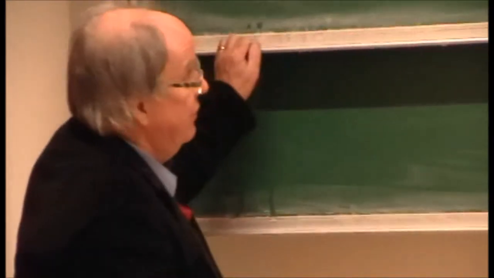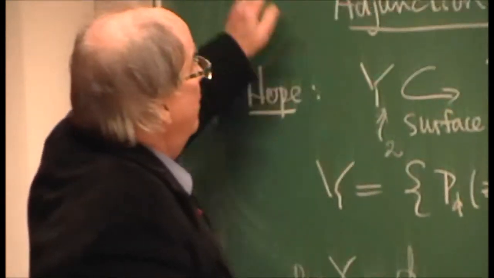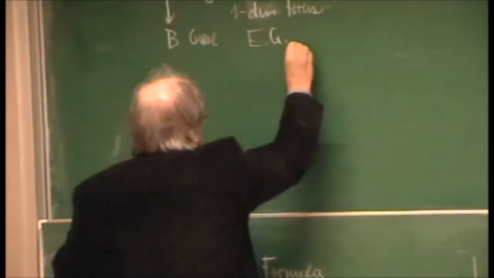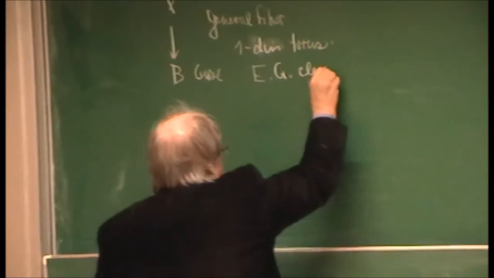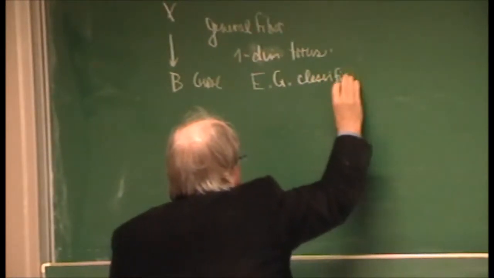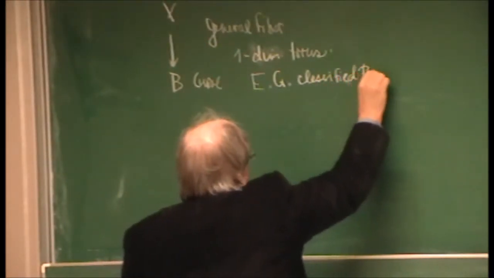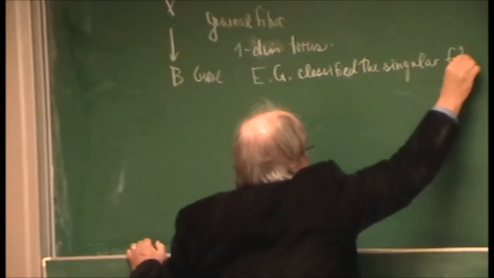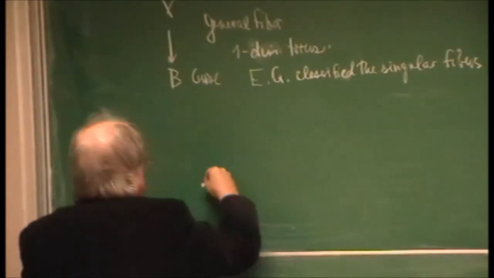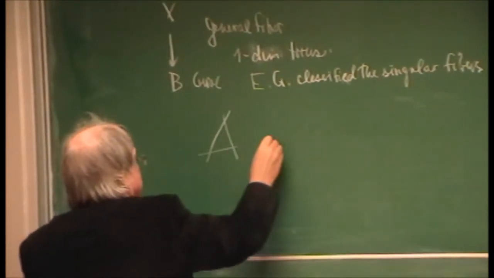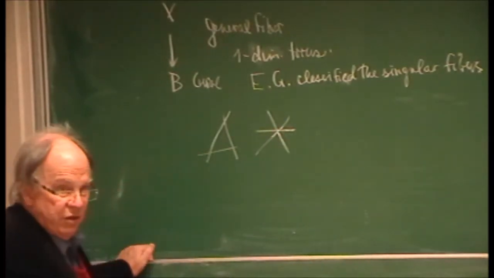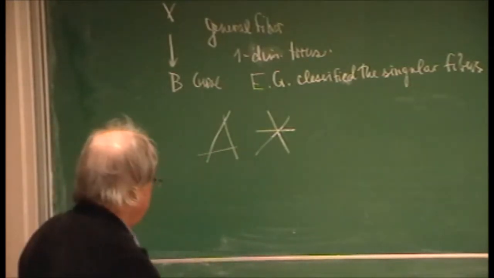The special fibers have been classified by Kodaira. I think this is one of the big hard pieces of work of Kodaira. What Kodaira did is he explicitly classified the singular fibers. There are many fibers, and maybe here they will degenerate to something like this, or maybe to something like this. All sorts of possible degenerations of the fibers, with all sorts of singularities.